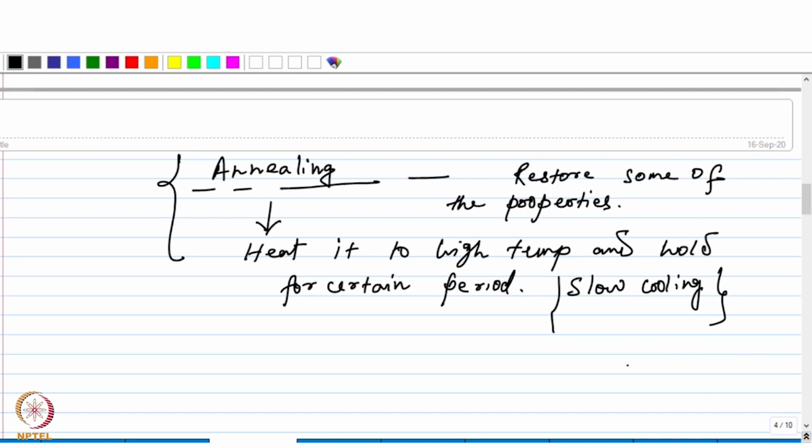Okay, so depending on the cooling rate, you have another process which is very similar to annealing, but it is not really annealing. That would be called normalizing.